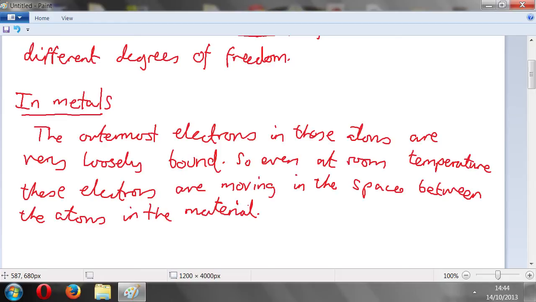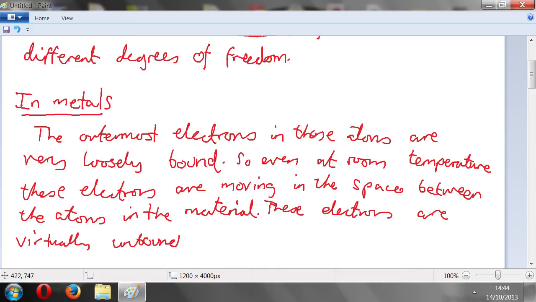These electrons are virtually unbound. There's not a huge amount of restrictions for them. So they're called free electrons.